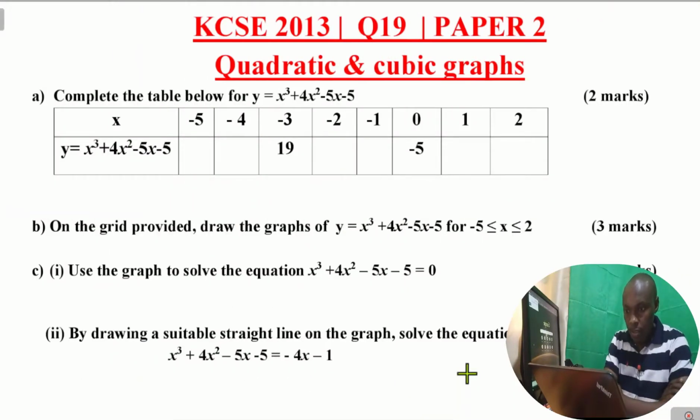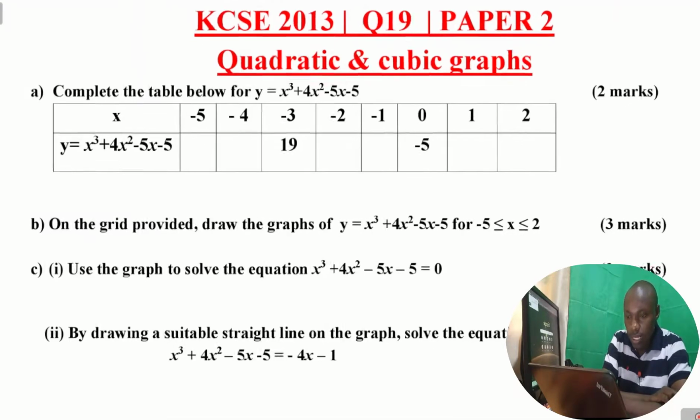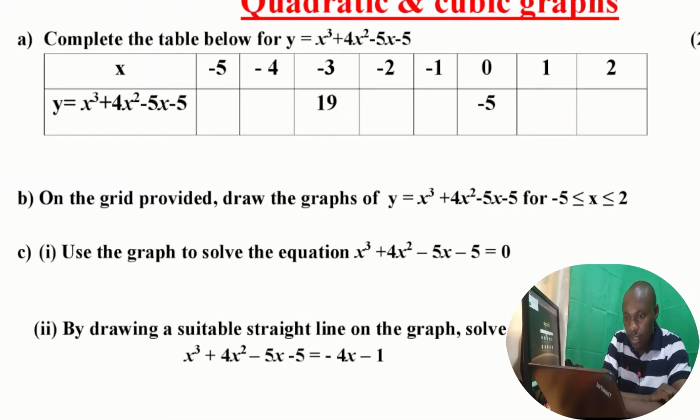So C part 2: by drawing a suitable straight line on the graph, solve the equation. The equation is given here as x cubed plus 4x squared minus 5x minus 5 is equals to negative 4x minus 1.